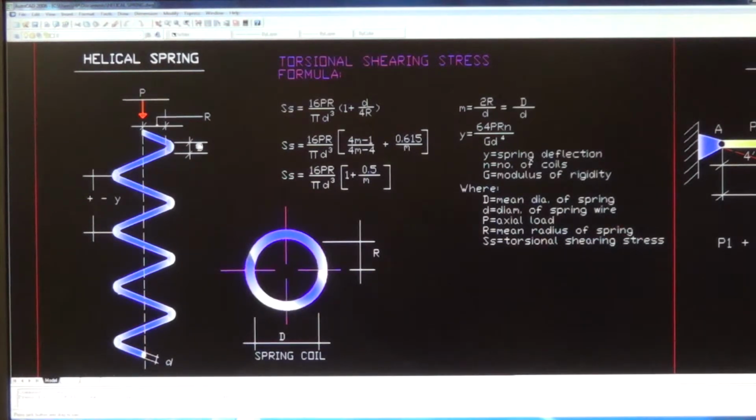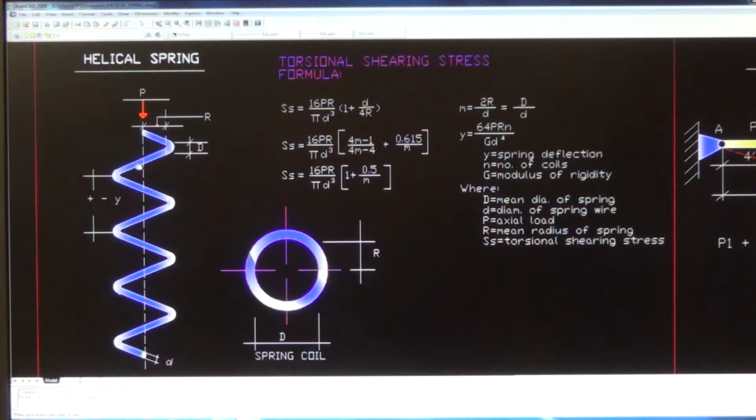The shearing stress is right here, the inner body of the helical spring, and the shearing stress is analyzed as when this part of the spring goes down altogether, this part of the spring here will resist.